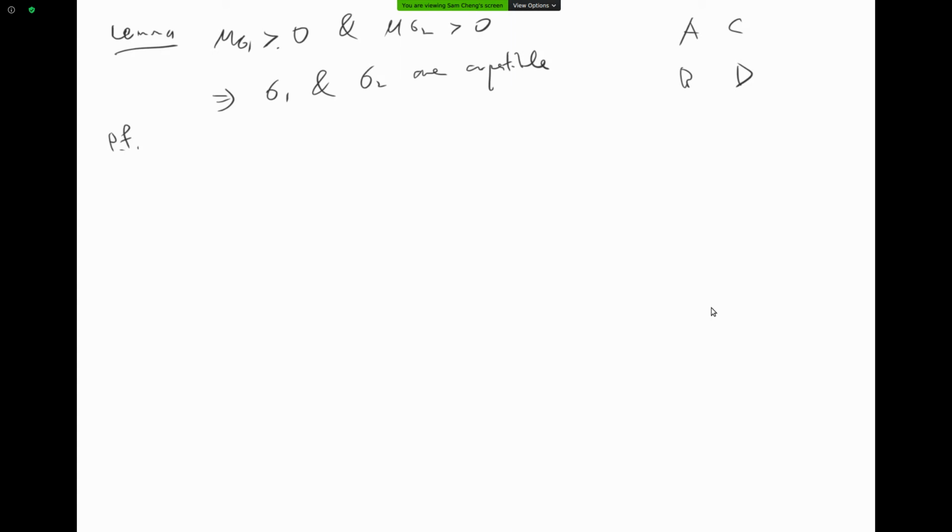Let's show this by contradiction. First we assume that it's not compatible.